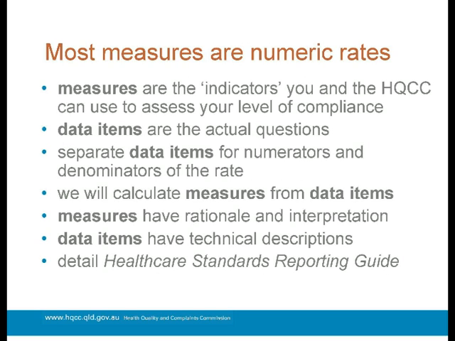So the yes/no questions talk about have you got a process, whereas the numeric rates talk about how well do you implement that process. So to get right down to what will the start reporting website look like, we'll be asking just the data items, but keep in mind that we will be turning those data items into a measure and calculating that for you.